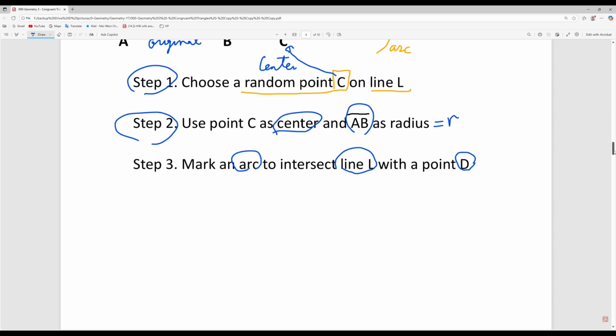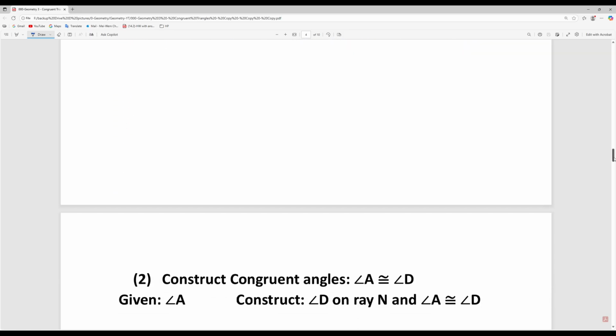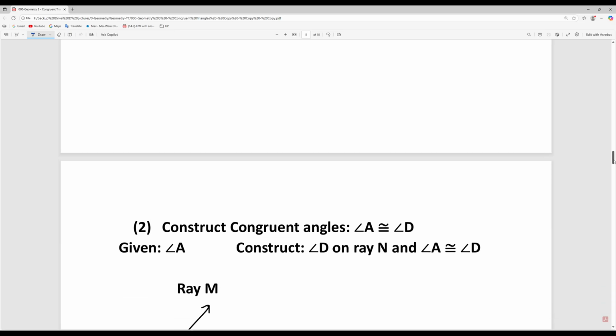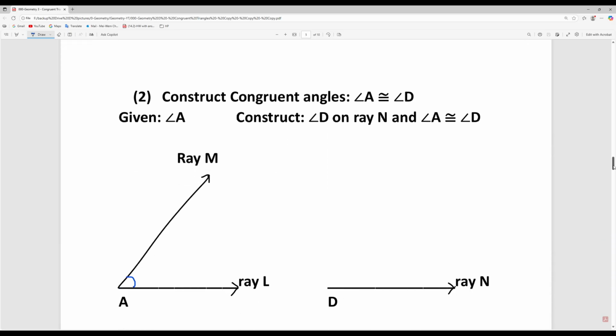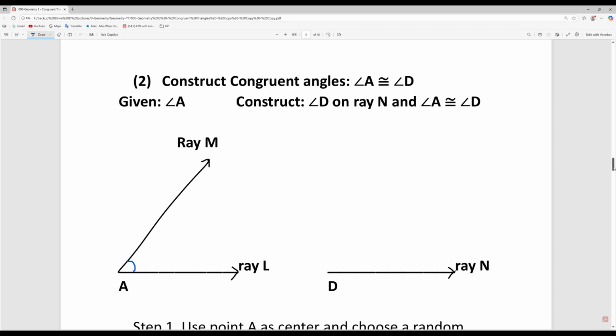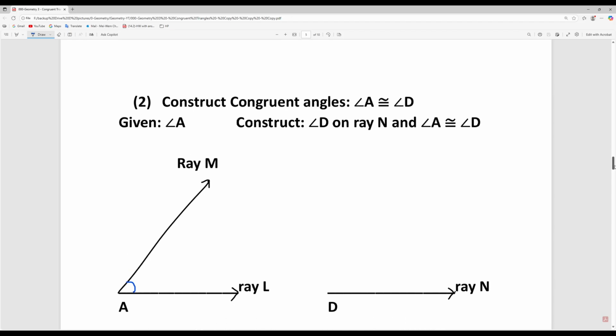So we have 2 tools. First tool, draw a congruent line segment. Second one, you want to construct a congruent angle.